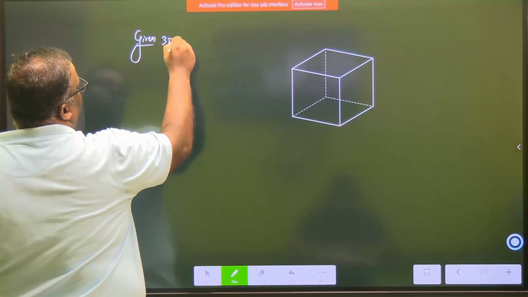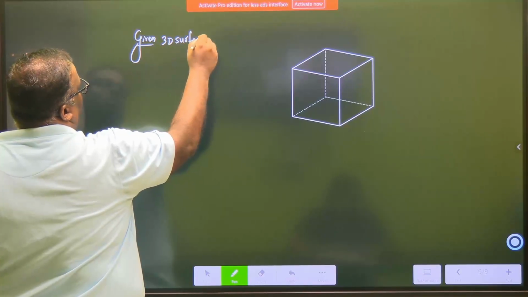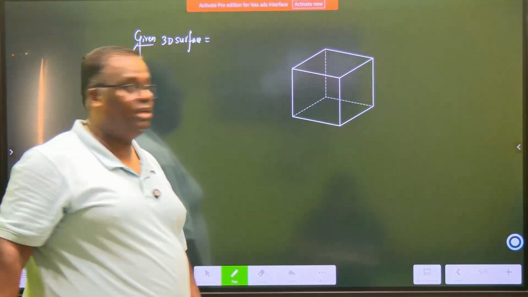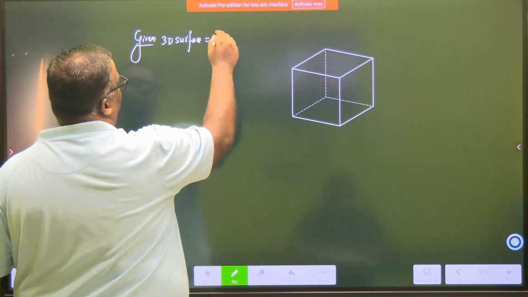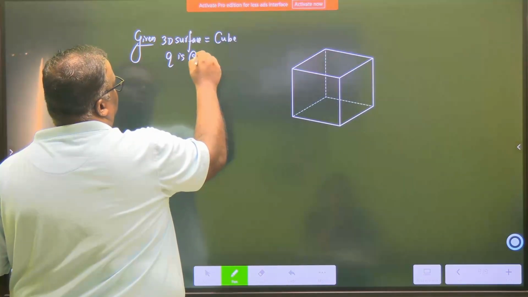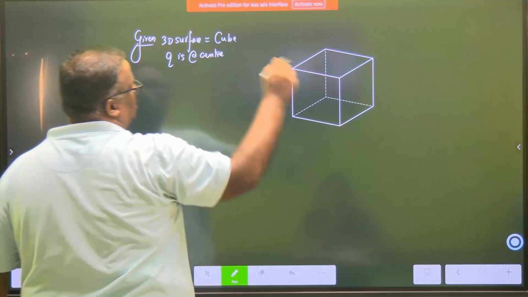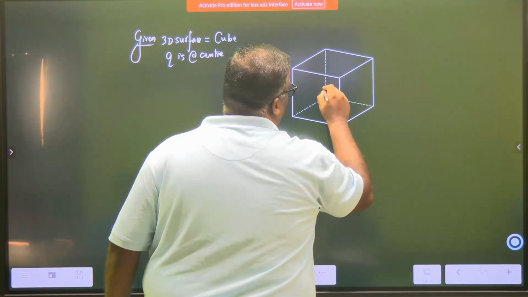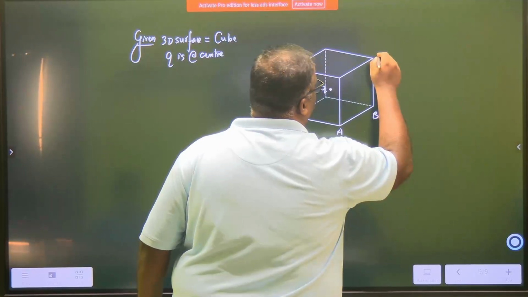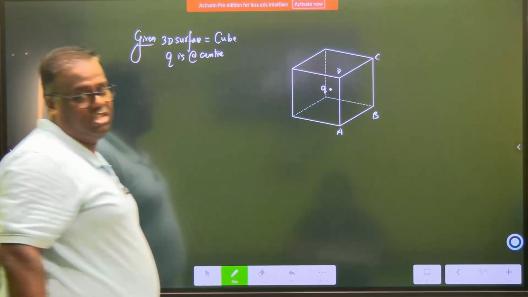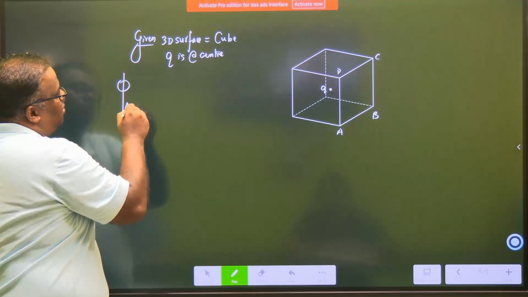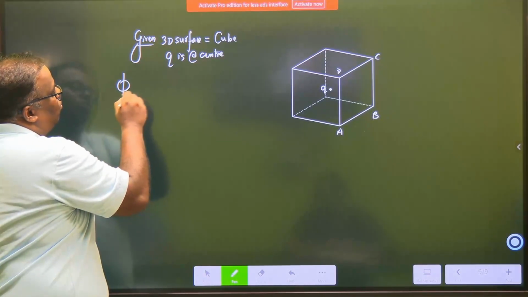Given that the 3D surface is a cube, Q is at center. No questions asked, right? And I tell you, find the flux through the face ABCD. Try to find out what it is.